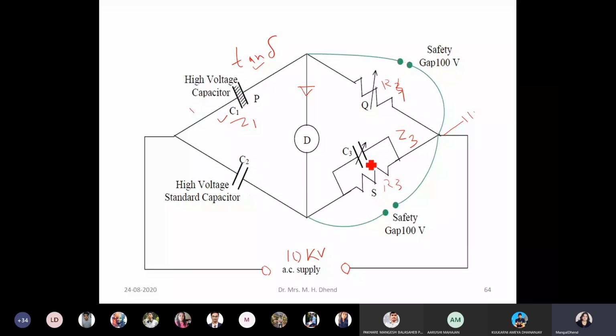Then what will be this parallel combination? The parallel combination of R3 and X3. What is X3? 1 upon 2 pi f C3. So find out the resultant of this, and then find out Z1 into Z3 equals Z2 into Z4. Just work it out today and check what you are getting.